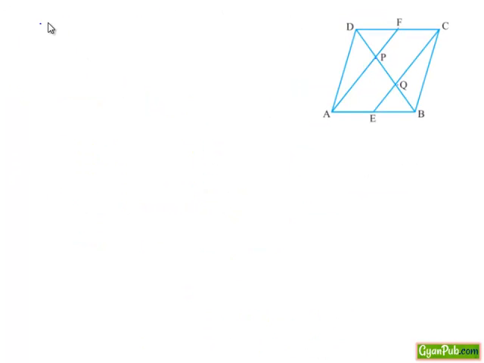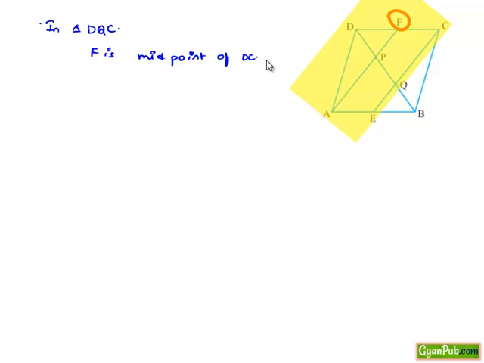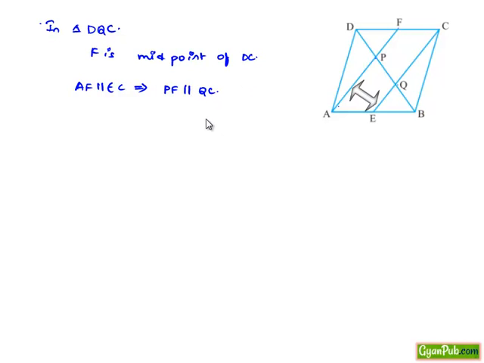Now let us consider the triangle DQC. In triangle DQC, we know that F is midpoint of DC, which is given, and we know that AECF is a parallelogram. Thereby we can say that AF is parallel to EC, which further implies that part of AF, that is PF, is also parallel to QC, that is part of EC.